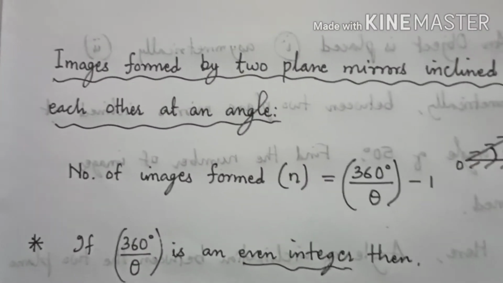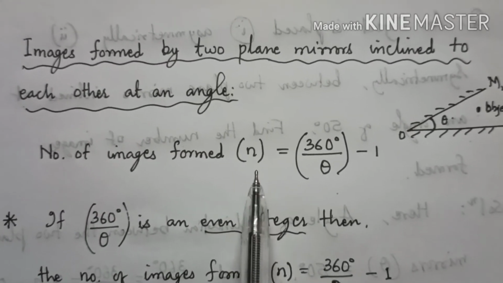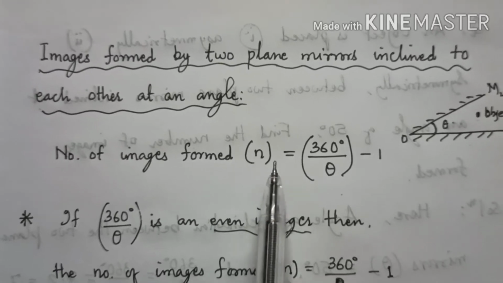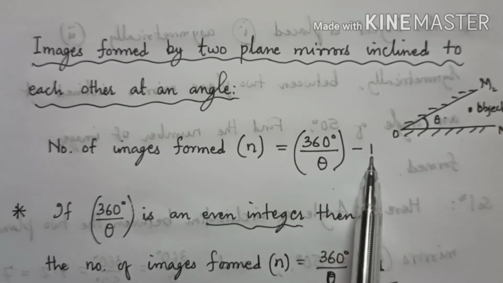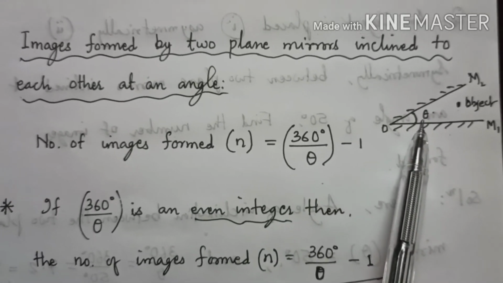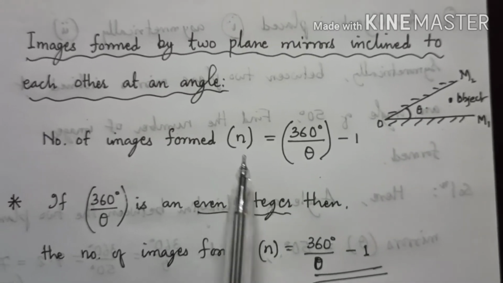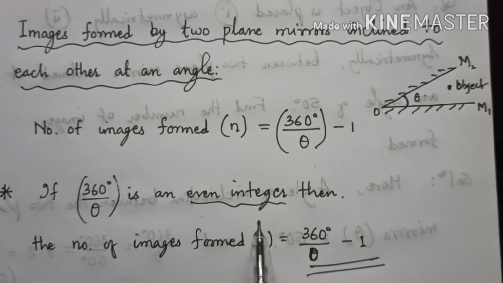This formula gives the number of images formed by two plane mirrors inclined to each other: N equals 360 degrees divided by theta, minus 1. This theta is the angle of inclination between the two plane mirrors. Now, although this is the general formula, before we calculate the number of images we need to know certain things.